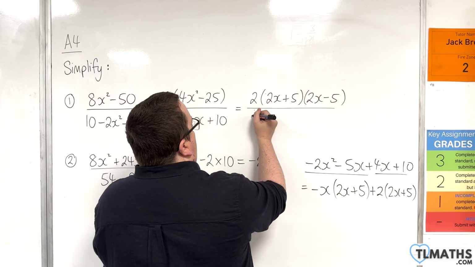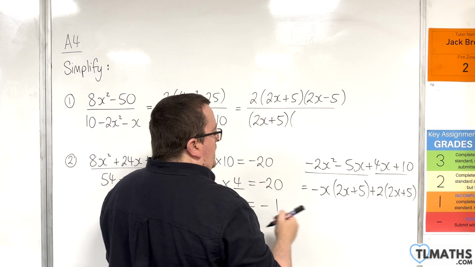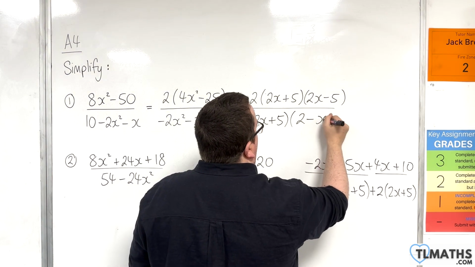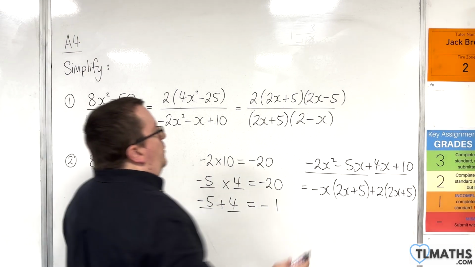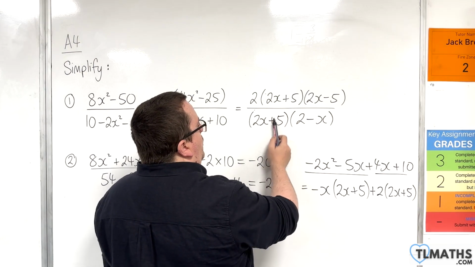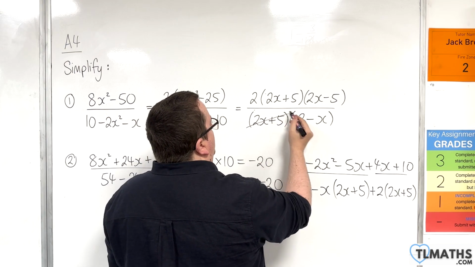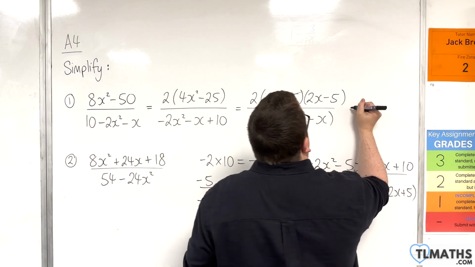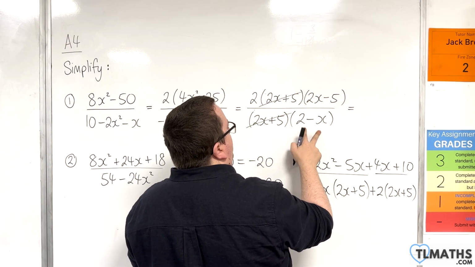So we're going to have 2x plus 5 as one of the brackets, and the other bracket is minus x plus 2, or 2 minus x. So we can now spot that we've got a common factor of 2x plus 5 in the numerator and denominator. So I can divide through top and bottom by 2x plus 5, and we'll be left with 2 lots of 2x take away 5 over 2 minus x.